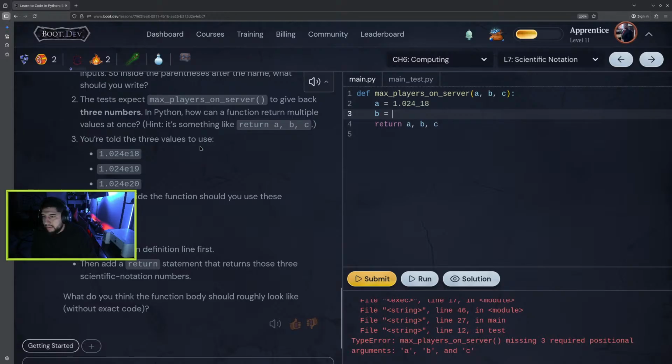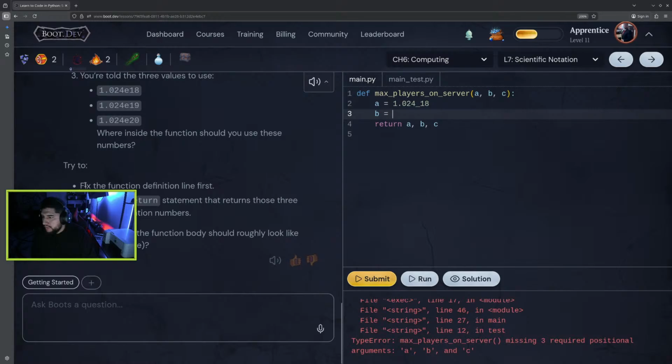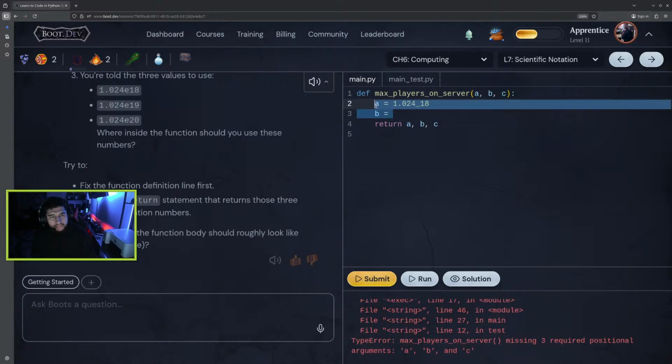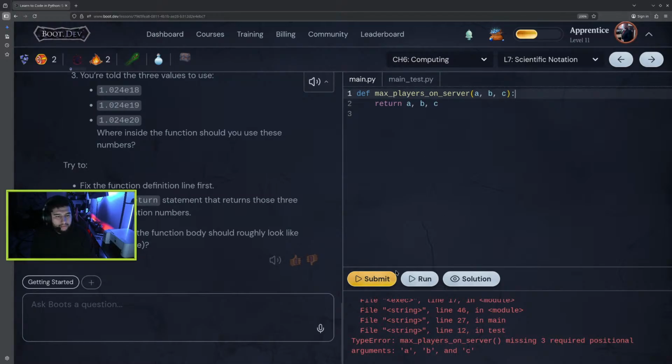You're told the three values to use are here. Where inside the function should you use these numbers? Try to fix the function definition line first. Alright. Then add a return statement that returns those three scientific notation numbers. I don't think I need to do this, huh? Let me run this and see what it does.